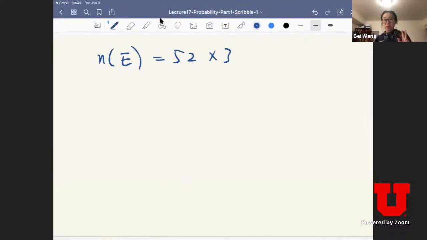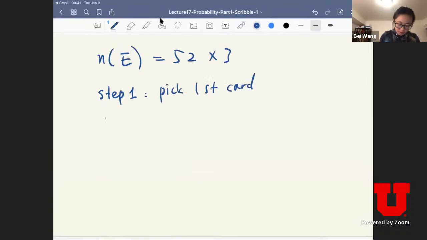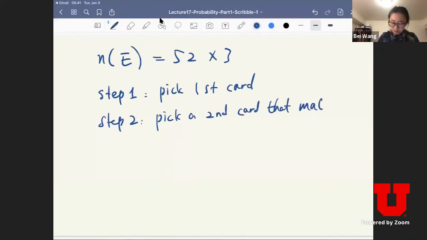I'm going to pick up 2 cards such that they match the value. The way I'm going to do it, I'm going to divide it into 2 steps. Step 1 is pick the first card. And step 2 is pick a second card that matches the first card by value.